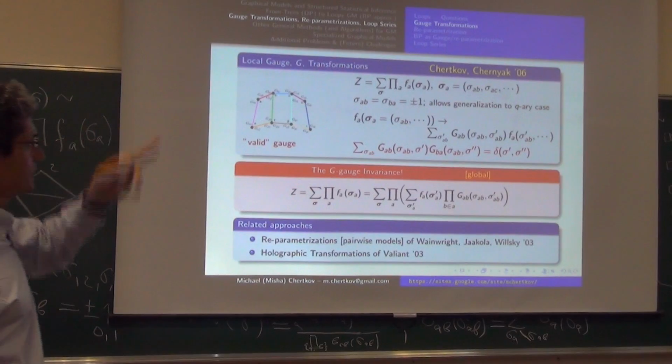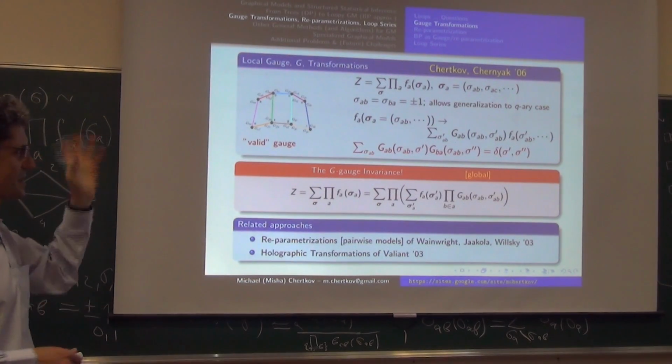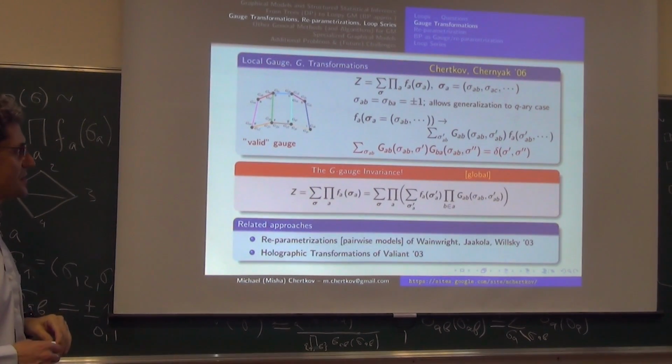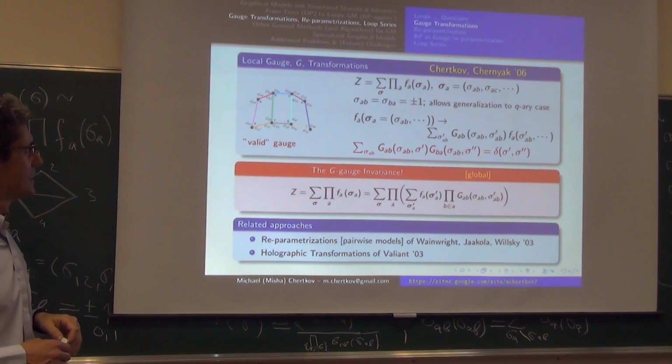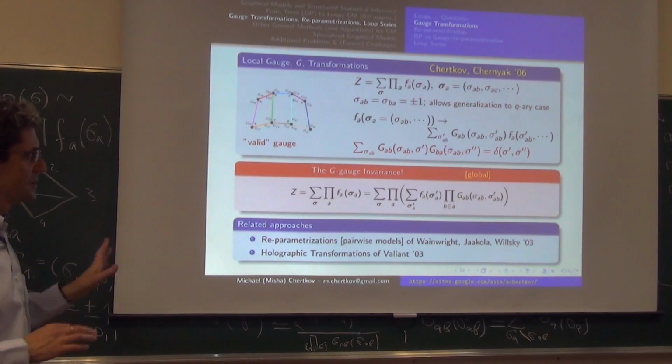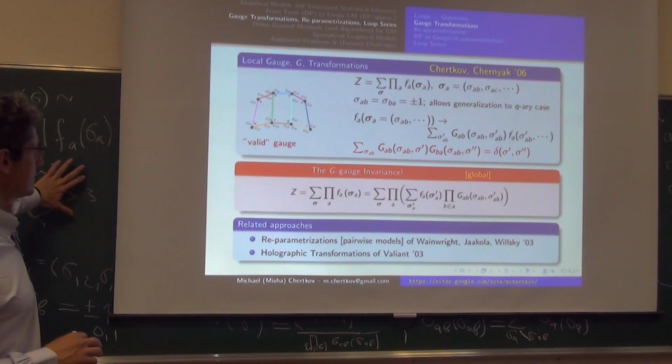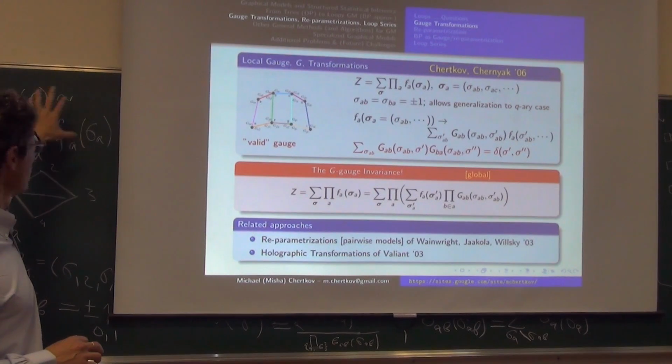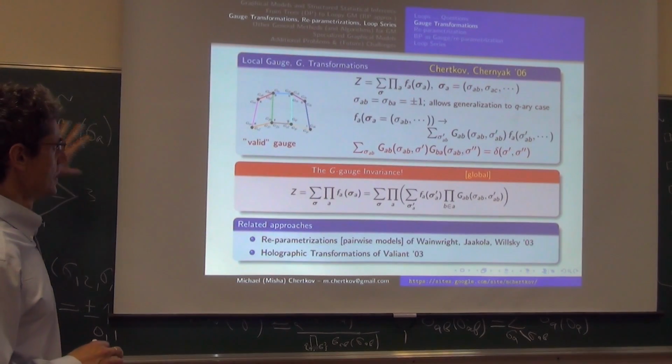It's actually based on my work, and that's how I got into this field more or less, with Volodya Chernyak. Let me walk you through that, and I'll try to make it slow. So my base model will be this type of model.